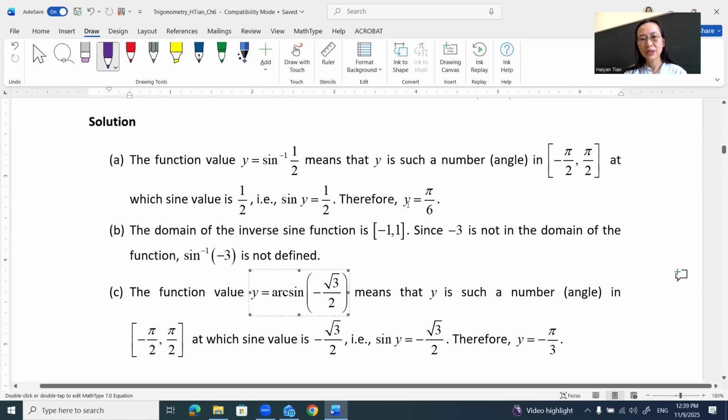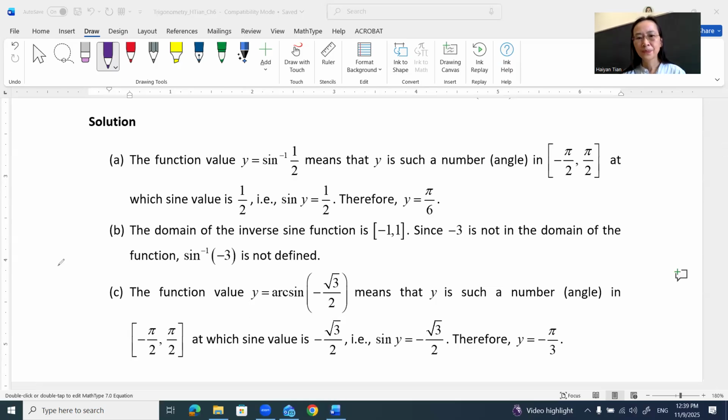Yeah, there's one typo, actually. Double check. Here is the third question. We say y is the number whose sine value is this. All this analysis is correct. But what is the sine value which is this?